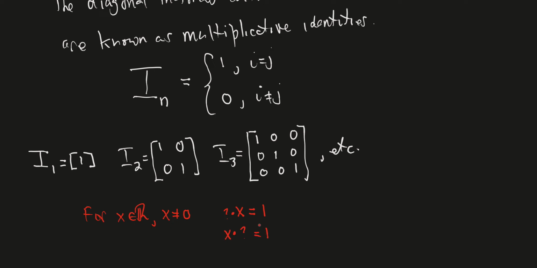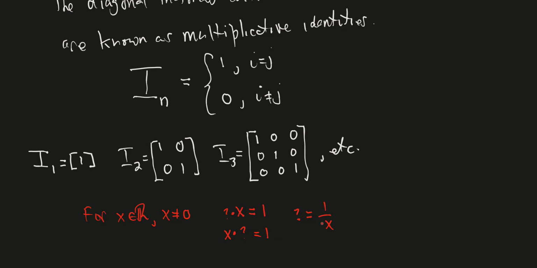Whatever this special number is, it's called the multiplicative inverse of x. And for real numbers, we know what we would need to do. We would need to multiply by the reciprocal of x. And that's why we have to specify that x can't be 0. 0 does not have a reciprocal. So this special thing, the question mark, is actually equal to 1 over x, which is going to be another real number, as long as I don't try to take the reciprocal of 0.